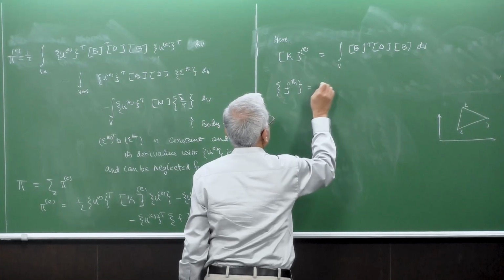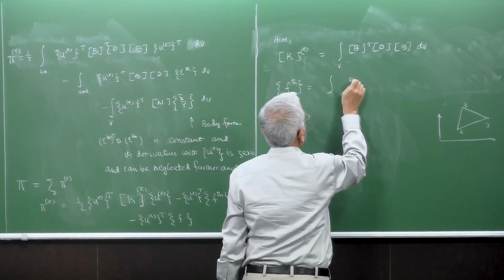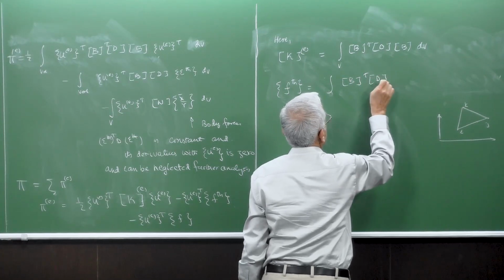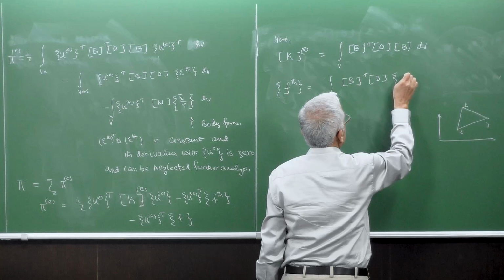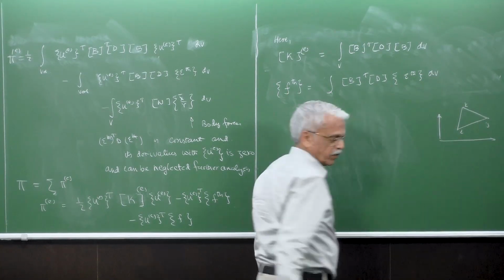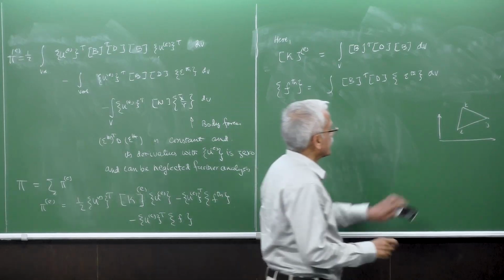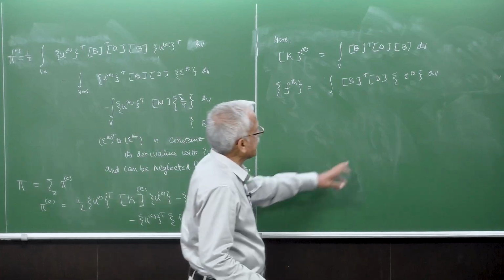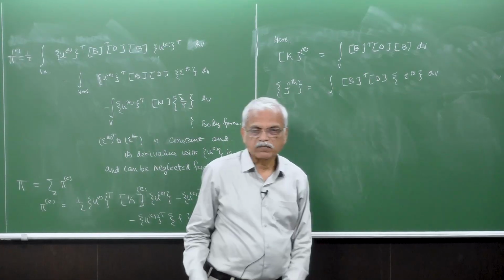F thermal is nothing but the integral of B transpose D epsilon thermal. Okay, so this is the vector, the load vector or the force vector that takes into account the thermal expansion.